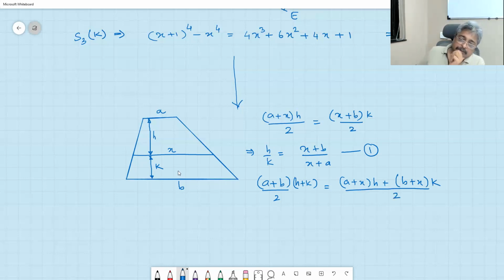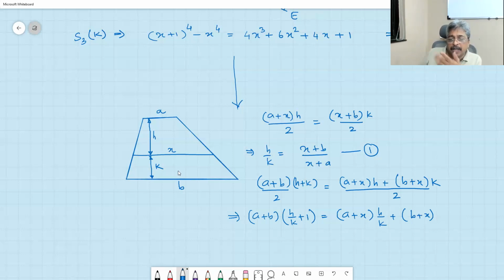Right? So 2 gone and we have h by k. So the algebra that you are required to do is you divide everything by k. So a plus b into h by k plus 1 is equal to a plus x into h by k plus b plus x.